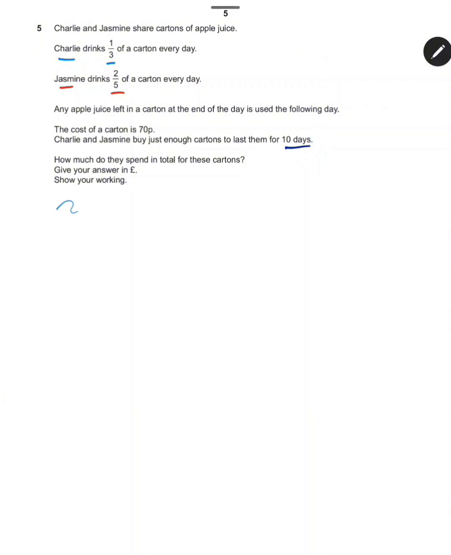or how many cartons. So if Charlie drinks a third and Jasmine drinks 2/5, if we add those together, we can figure out how much juice they drink between them each day. To add fractions, we need common denominators. So 3 times 5 is 15, and we're going to work in 15ths.